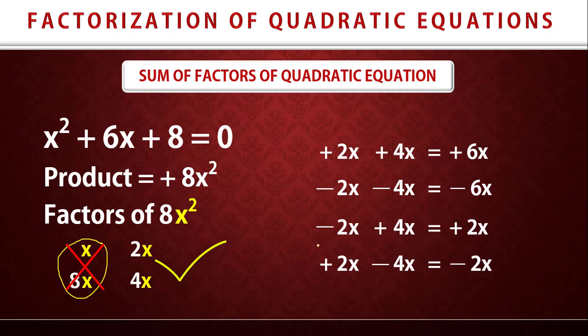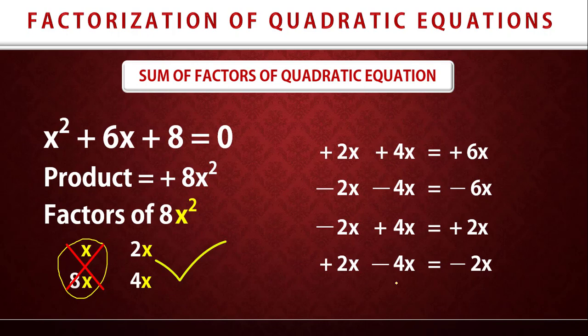So how do you know that that will give you a negative product? Okay, if you multiply this back, minus 2x times plus 4x. If you say minus times plus, according to mathematical rule, that will give minus. So 2 times 4 will give 8. x times x will give x squared. So there you have minus 8x squared. You get the idea of the product now.